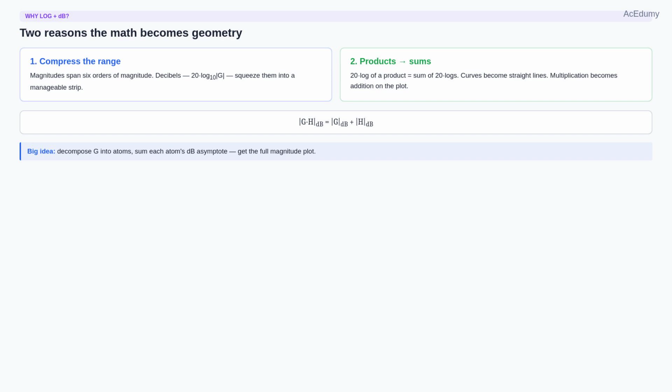Second, when factors multiply, their decibel values add. 20 log of a product equals the sum of 20 logs. So if we decompose G into factors and know each factor's magnitude in dB, we just add them on the plot. Multiplication becomes addition. Curves become straight lines. That is the entire idea behind the Bode magnitude plot.